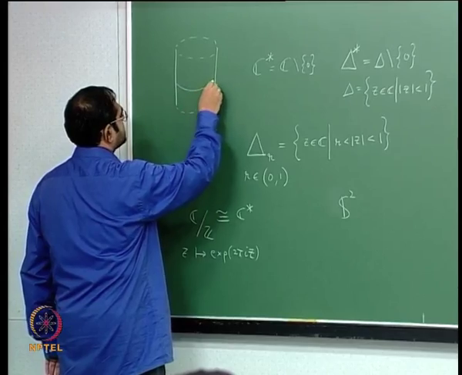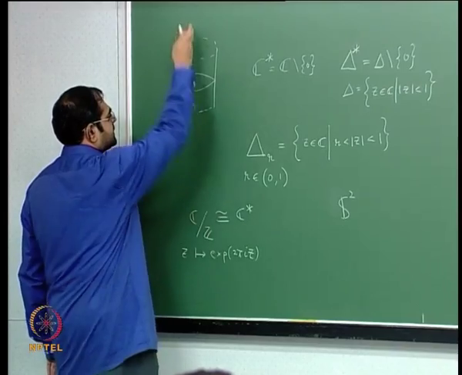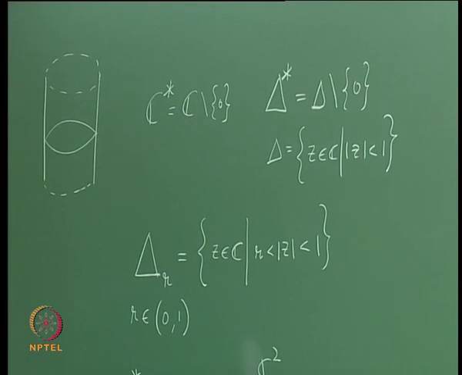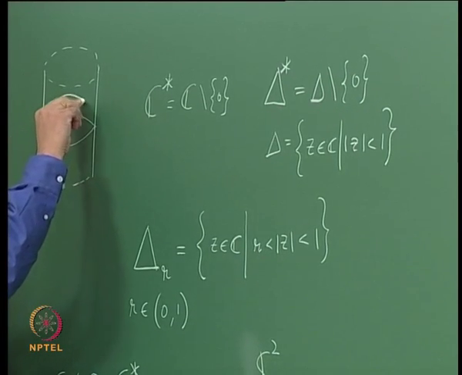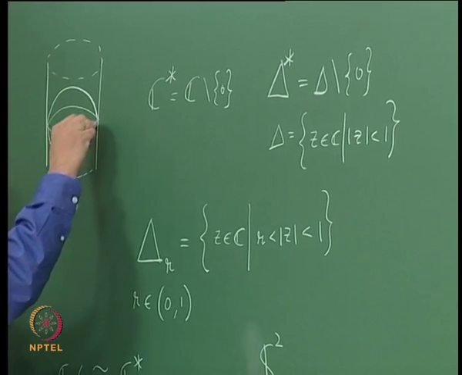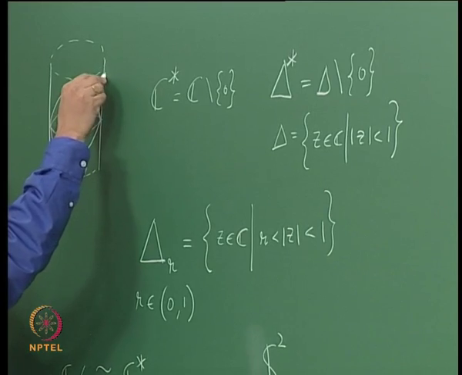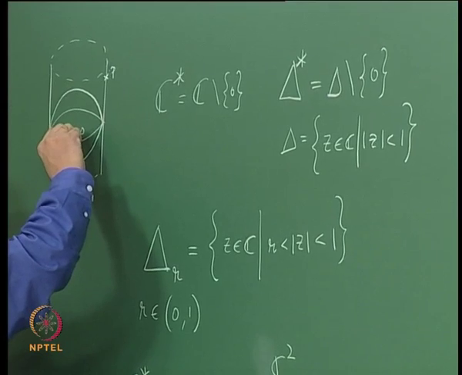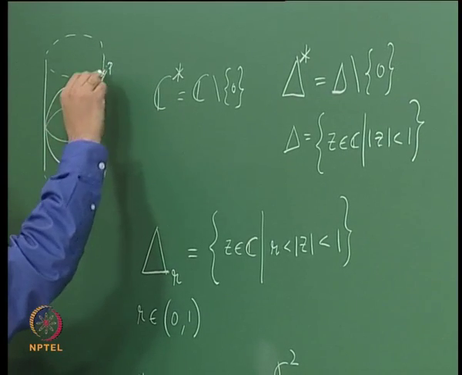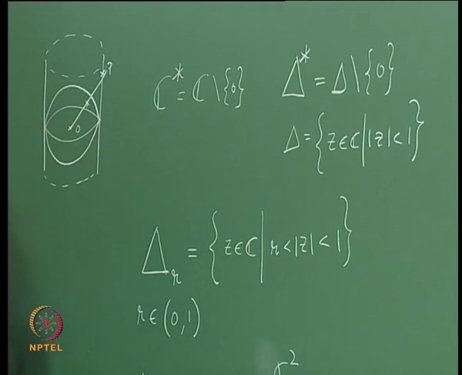Think of this as a unit circle on the xy plane. The axis of the cylinder is along the z axis, but don't confuse that z with the complex number z, and you have the unit sphere here, and you have the origin here. Now to every point on the cylinder you join the point to the origin by a line, and it will meet the sphere at a point, and call that point Q.